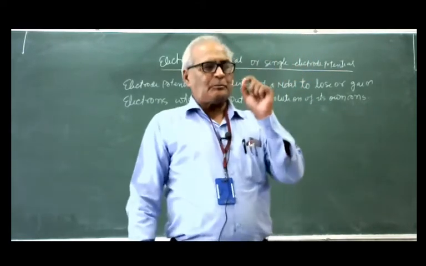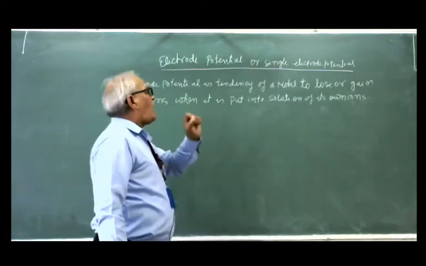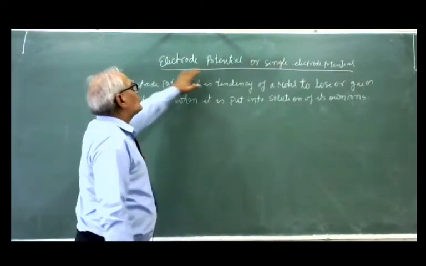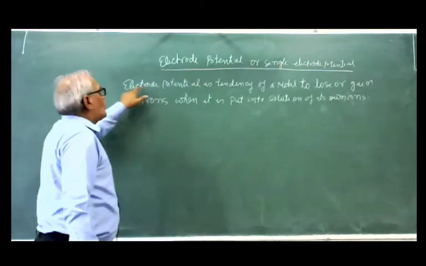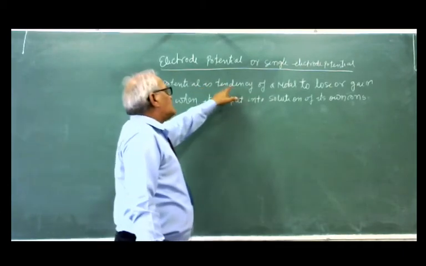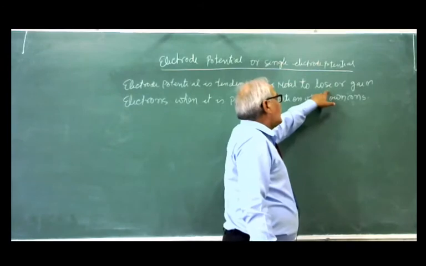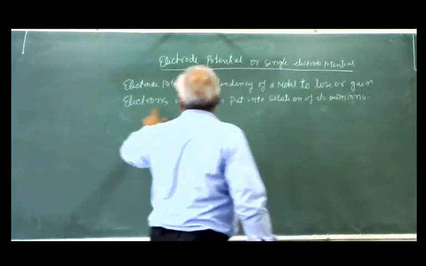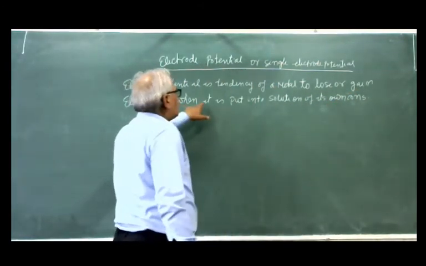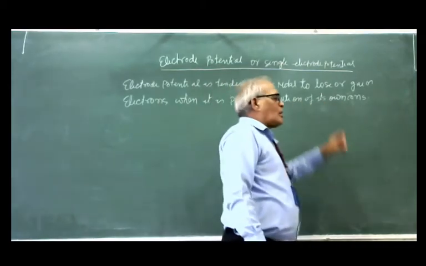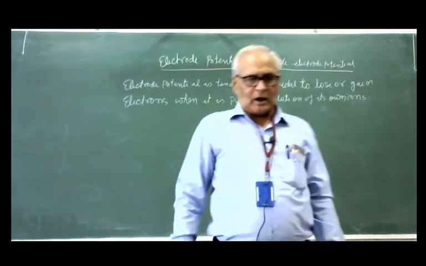So in a simple way, if somebody asks you what is the electrode potential, you can write: electrode potential is the tendency of a metal to lose or gain electrons when it is put into a solution of its own ion.